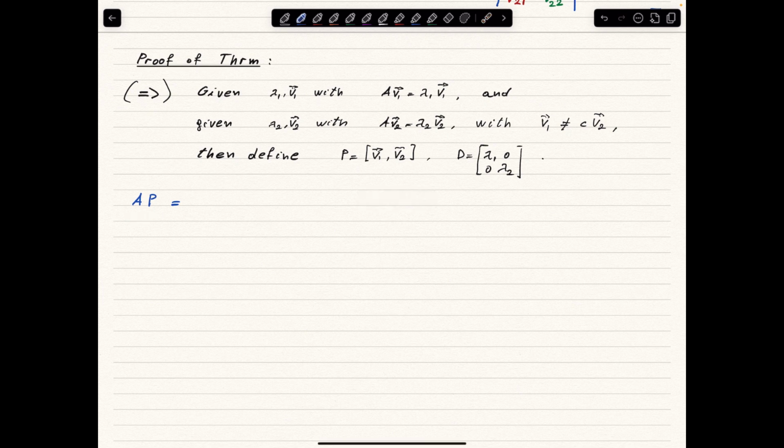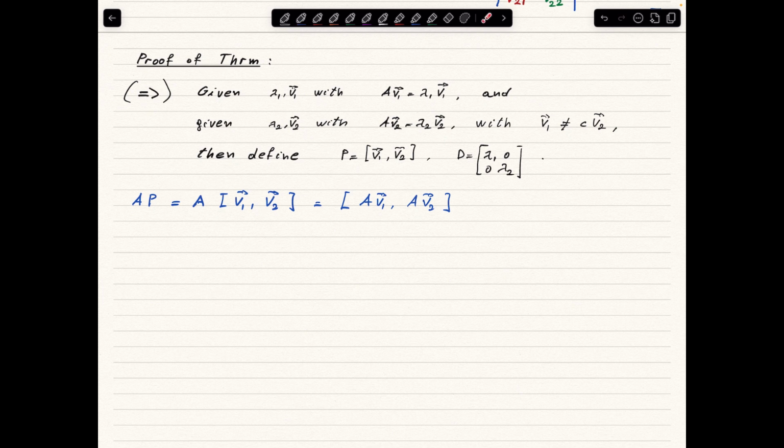Well, we can do this product using these properties, because this is just matrix A multiplying P, and P has the vector v1 as the first column and the vector v2 as the second column. Because of how matrix multiplication is defined in terms of matrix-vector products, this is just A v1, and A acting on the second column v2.